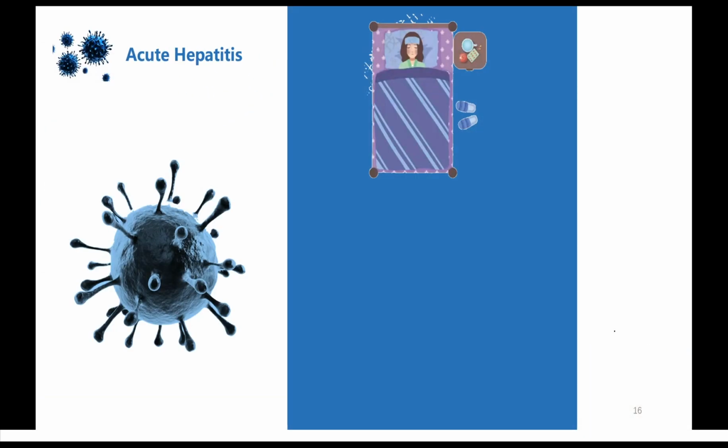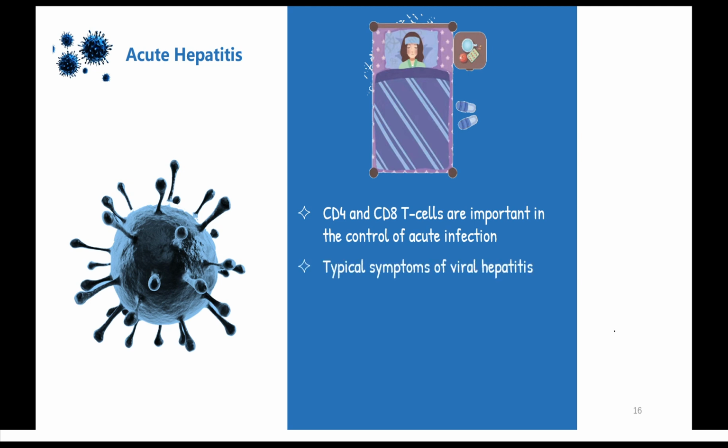With acute hepatitis C, the function of our CD4 and CD8 T cells is important in the control of the infection. And alam naman natin kung ano yung activity ng ating CD4 and CD8 T cells. Acute hepatitis C has the typical manifestations of viral hepatitis. So, na-mention na natin yun kanina.